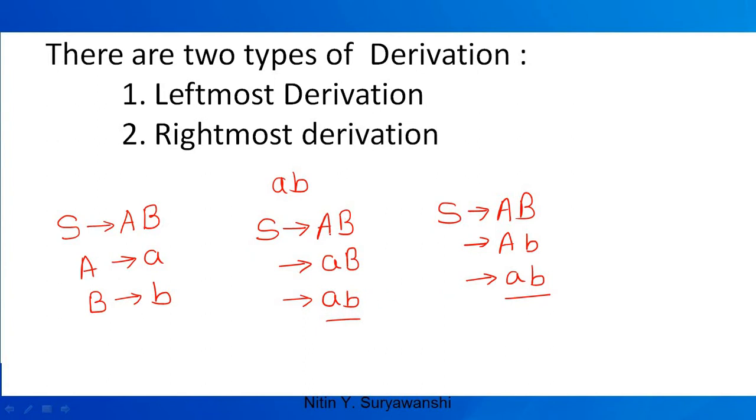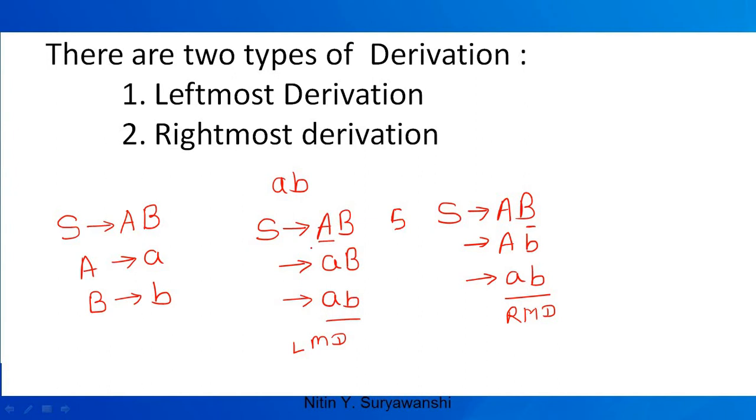In this derivation, I first replace the leftmost symbol of the right side, so this is a leftmost derivation. If I replace the rightmost symbol of the right side, then it is called a rightmost derivation. And we can represent this derivation by using a tree, that is a derivation tree.